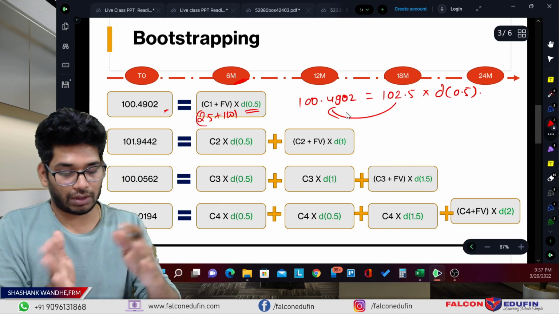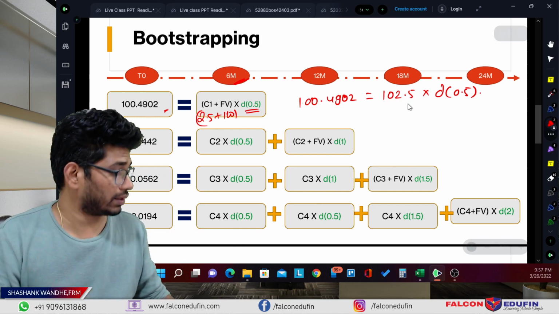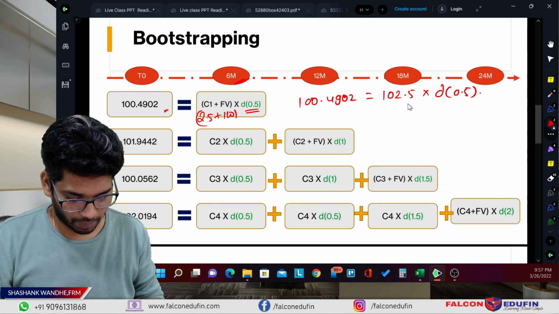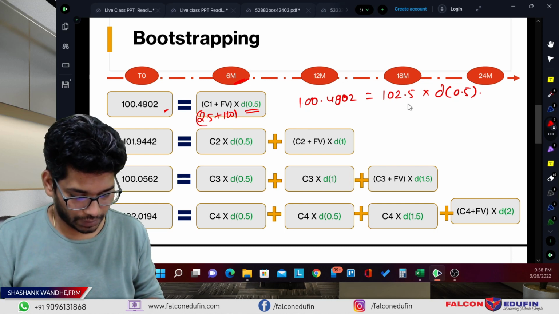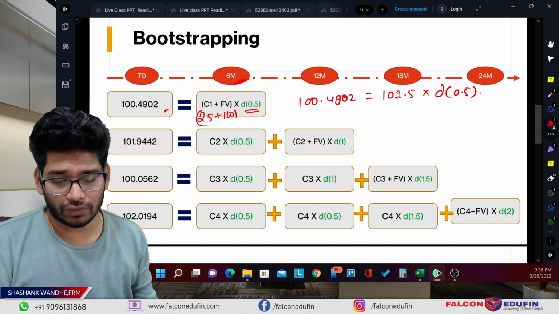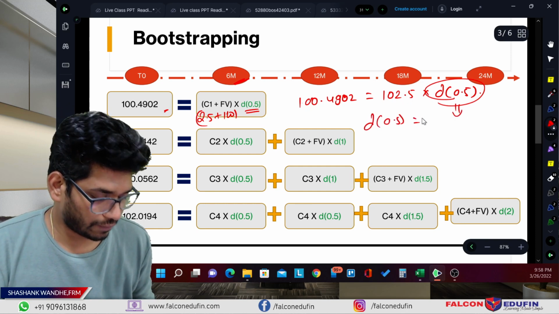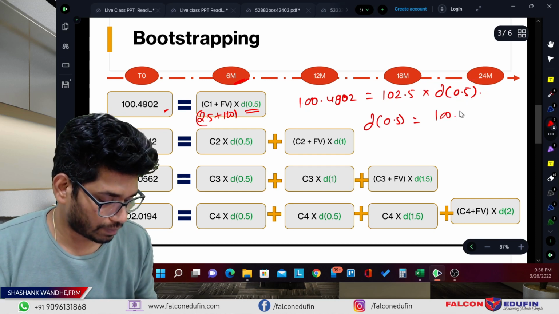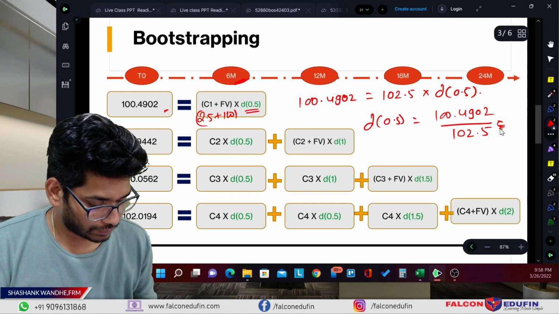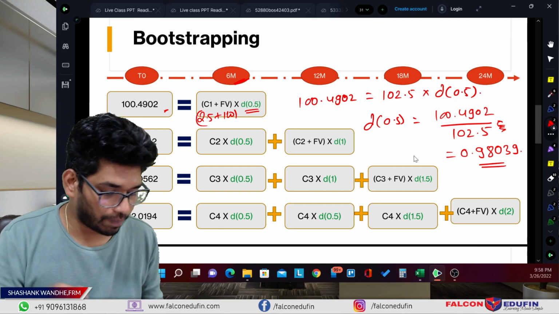So you simply divide 100.4902 by 102.5, and the answer is 0.98039. So this is the discount factor, D.5.